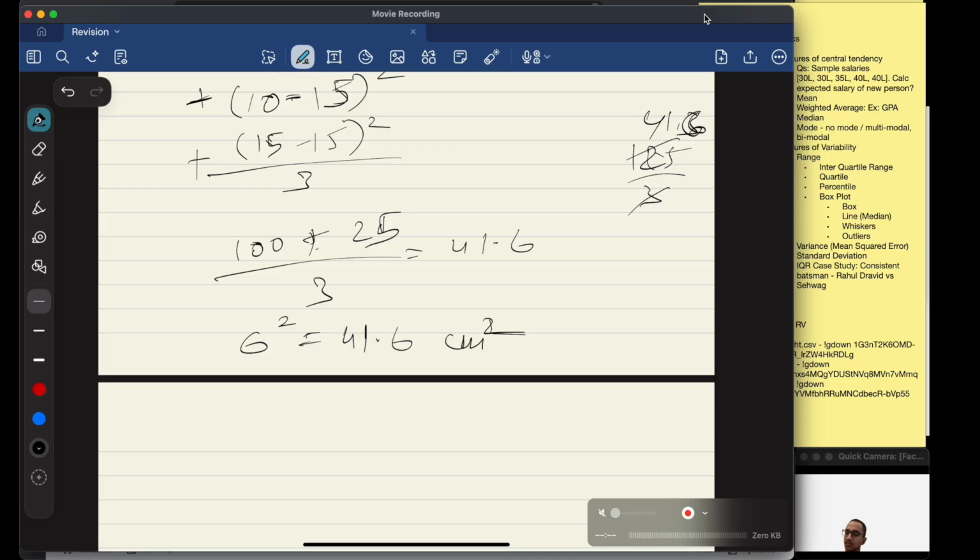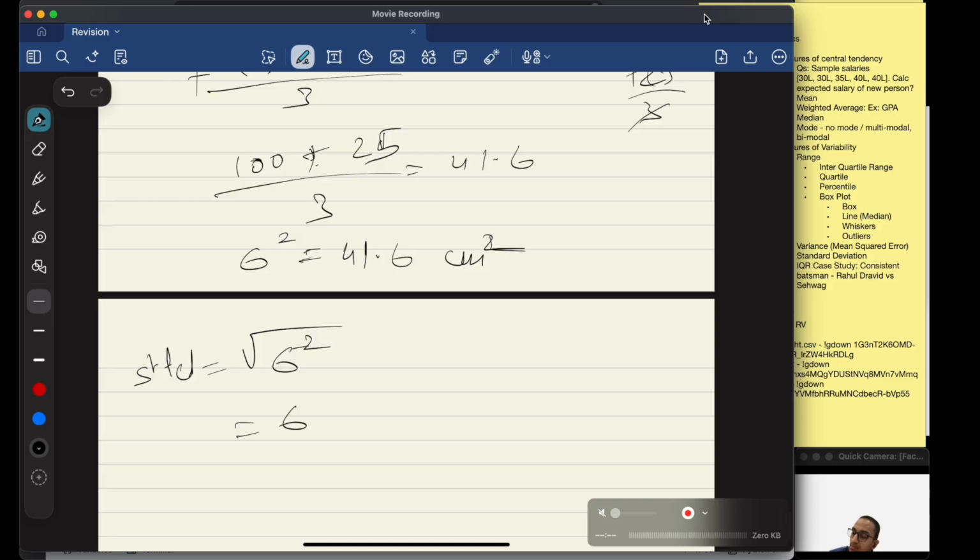Now what is standard deviation? Standard deviation is nothing but sigma, the square root of sigma square. Sigma is the standard deviation, it is the square root of variance.